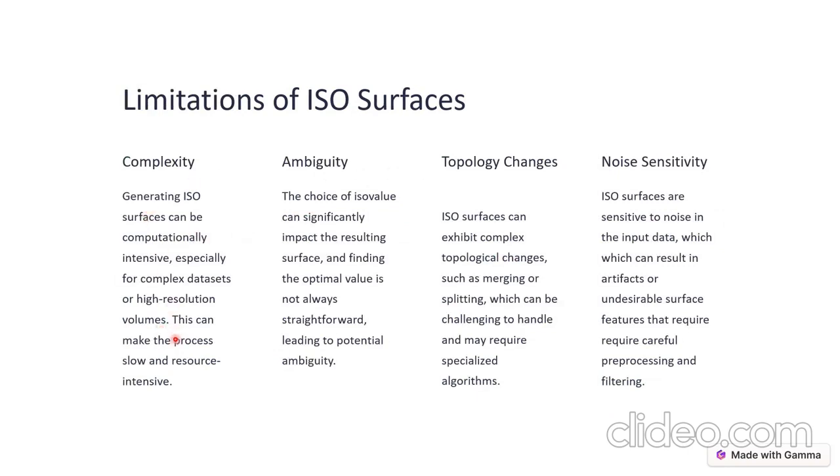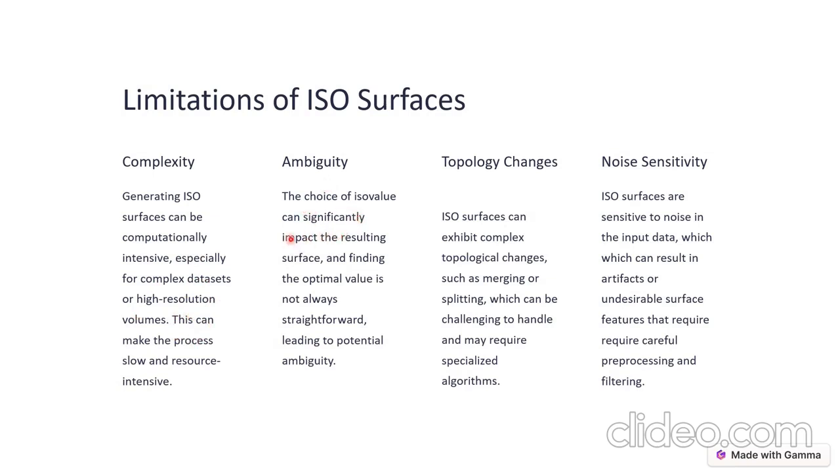The first is complexity. Generating ISO surfaces can be computationally intensive, especially for complex datasets or high resolution. Second is ambiguity.